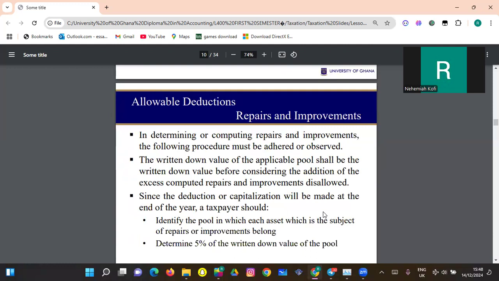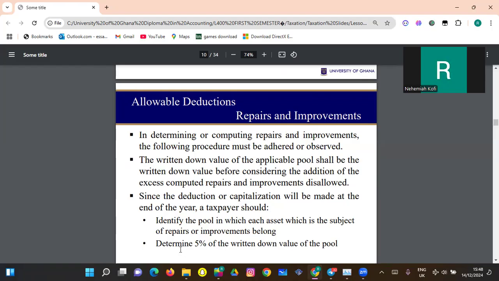So in computing repairs and improvements, the following procedure must be observed, right? The written down value of the applicable pool shall be the written down value before considering the addition of the excess computed repairs and improvements disallowed. Since the deduction or capitalization will be made at the end of the year, the taxpayer should identify the pool in which each asset which is the subject of repairs or improvement belongs.